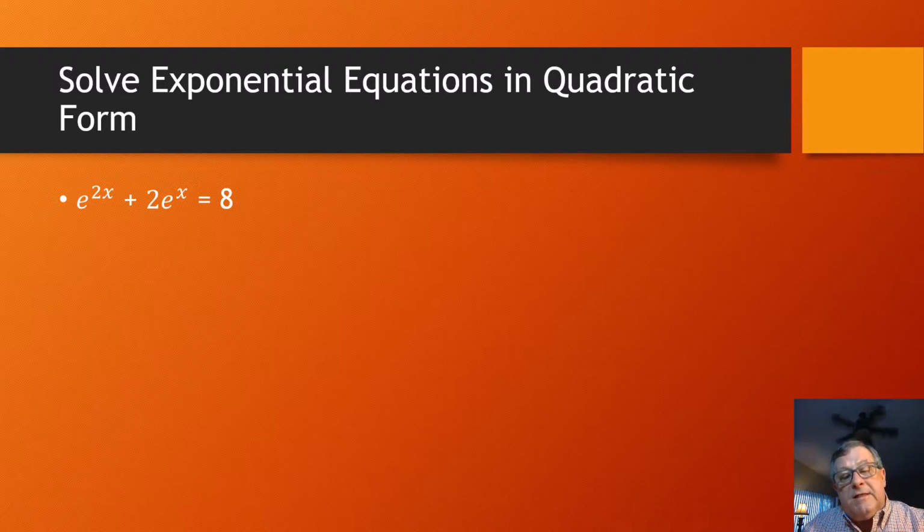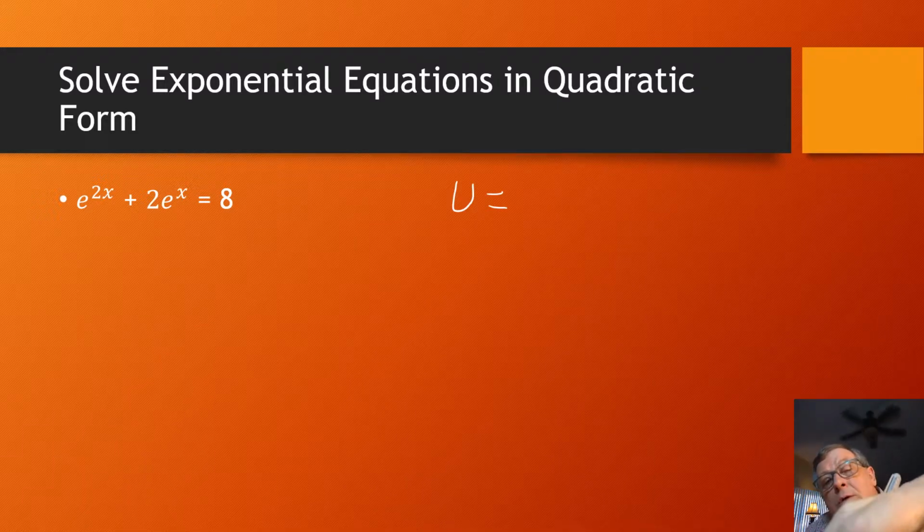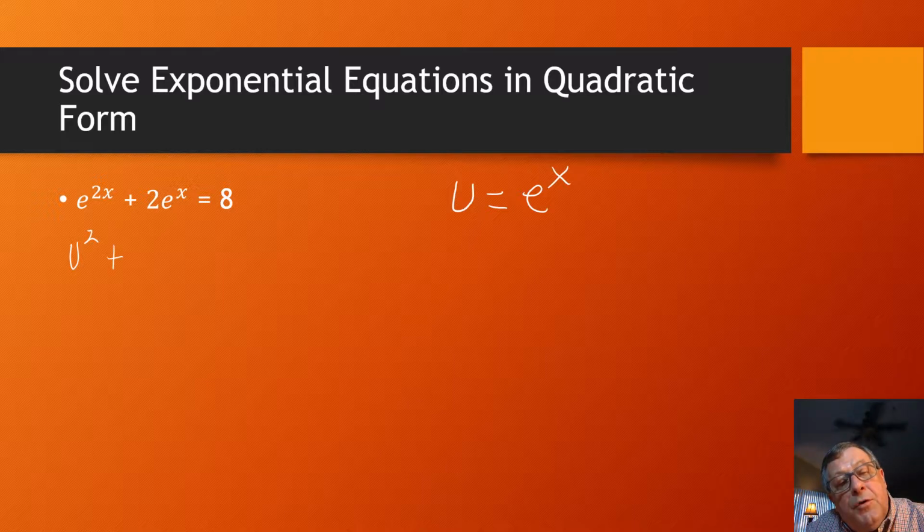Let's say here that u is equal to e to the x. That would mean I would have u squared plus 2u, using my u substitution, minus 8 equals 0. And so now I've got a quadratic equation.